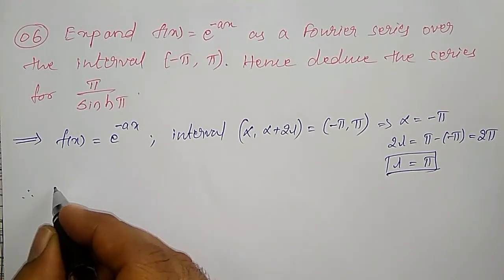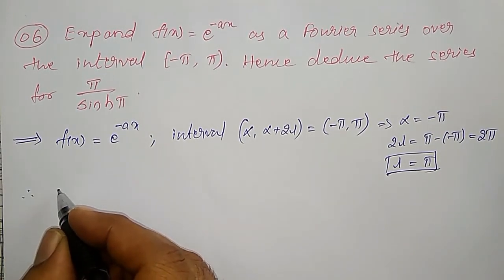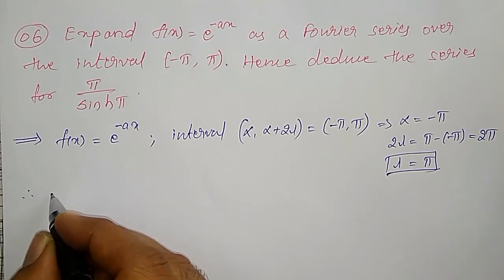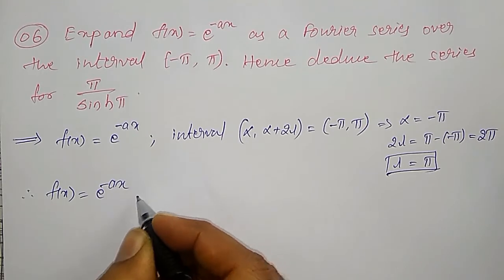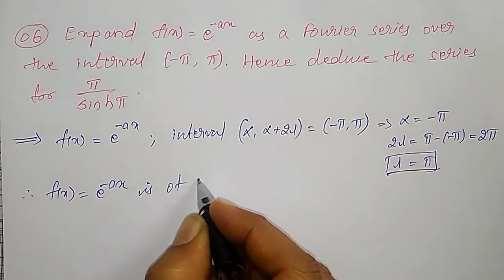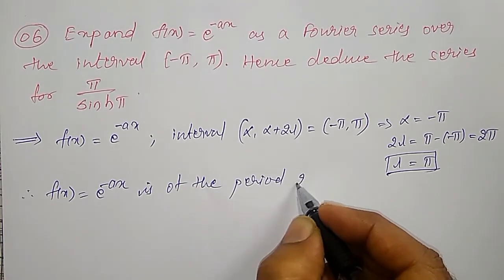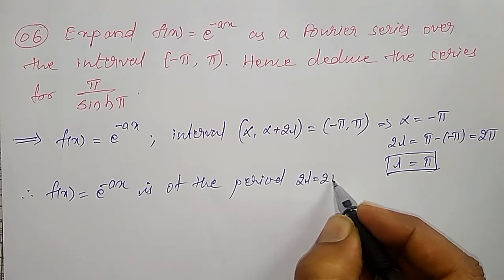Therefore the period of f of x, e to the power minus ax, is 2l is equal to 2 pi.